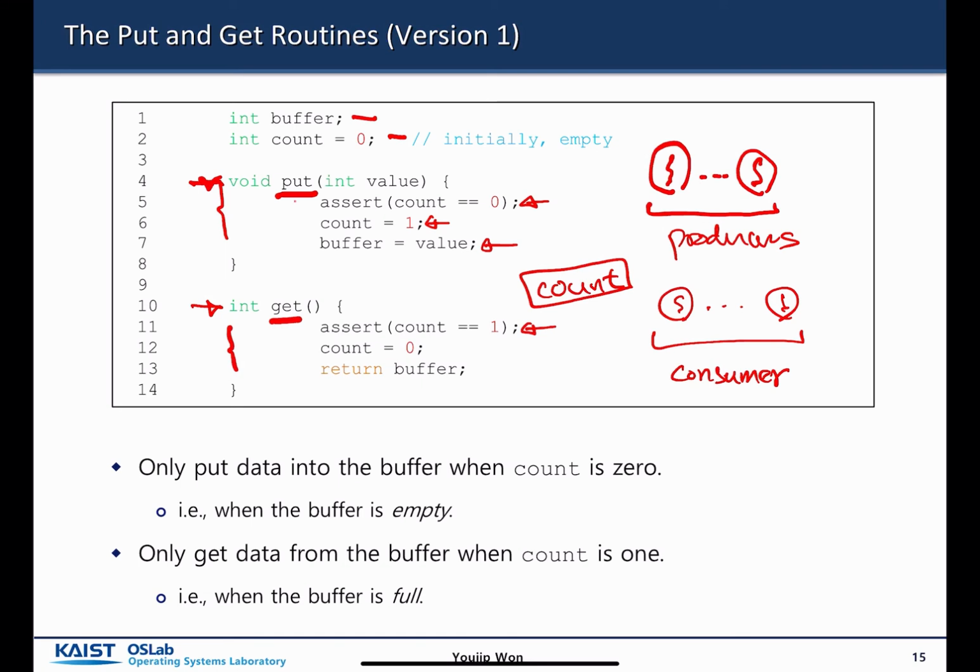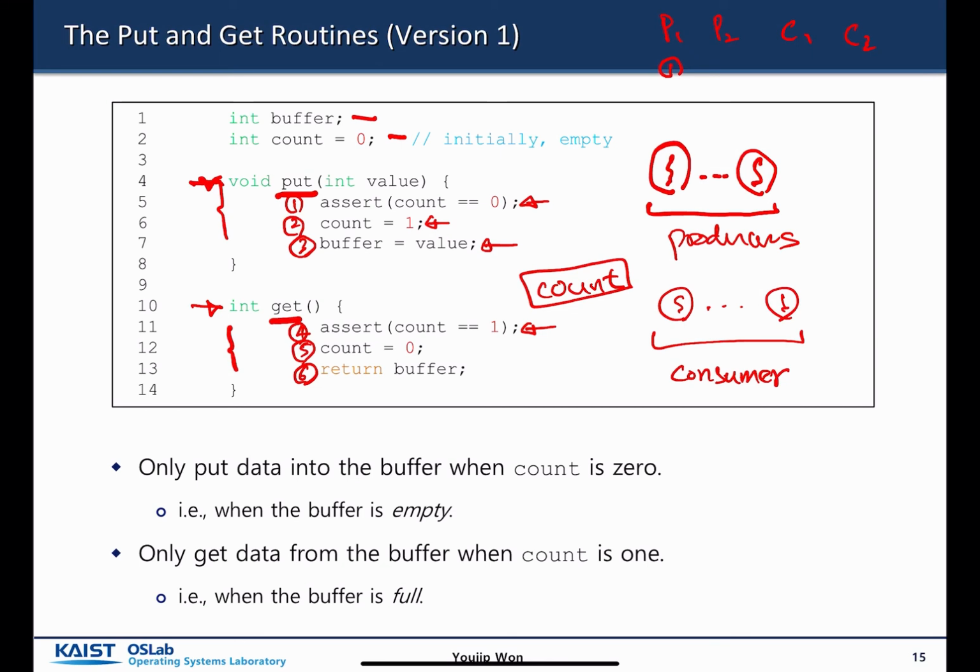Let me give an example. There are lines 1, 2, 3, and 4, 5, 6. Let's assume there are producer 1, producer 2, consumer 1, and consumer 2. For example, producer 1 executes the first statement and checks that the buffer is empty, so producer 1 is going to place a value in the buffer.